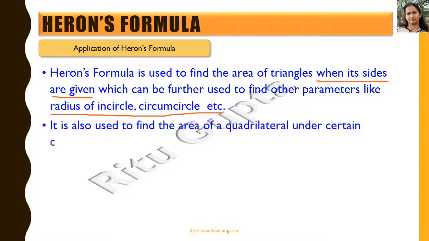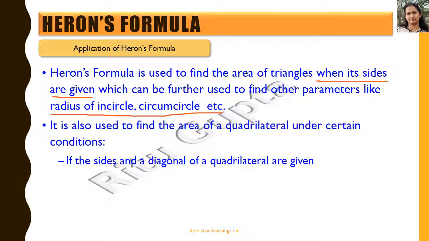It is also used to find the area of a quadrilateral under certain conditions. If the sides of the quadrilateral and a diagonal are given, then we can directly divide this quadrilateral into two triangles using the diagonal whose value is given, and then we can use Heron's formula to find the area of the quadrilateral.